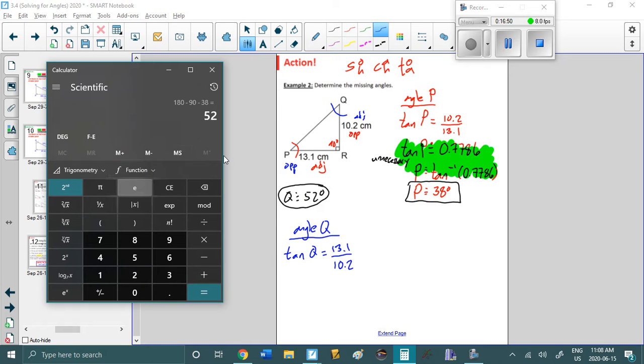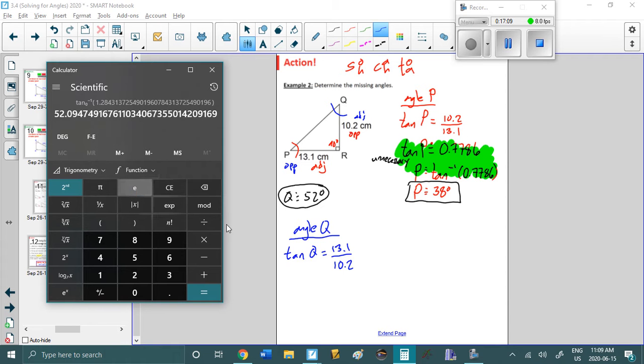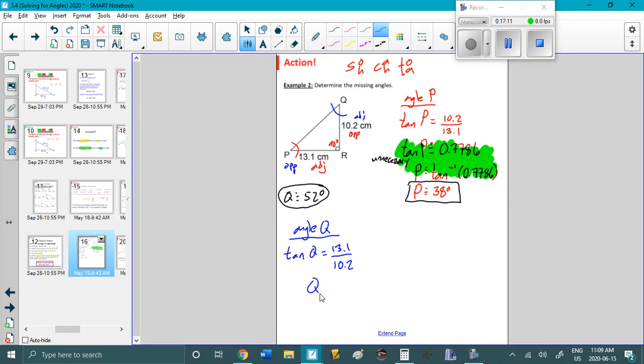We go to the calculator. I do 13.1 divided by 10.2, and I get this number. Now, if you have a two-line calculator, you can just type second tan bracket 13.1 divided by 10.2, and I'll write that down in a sec. So now I do second tan, and I get 52 degrees, which is the answer that I got by subtracting from 180.